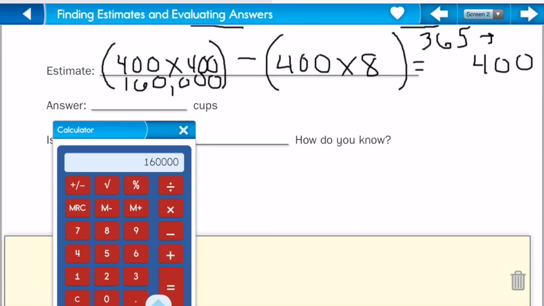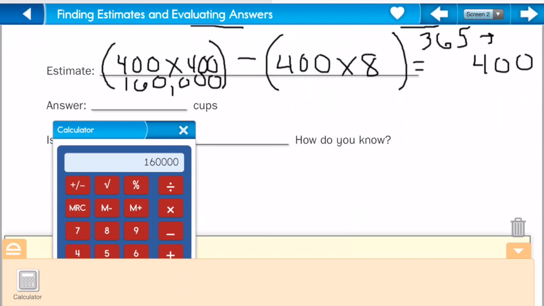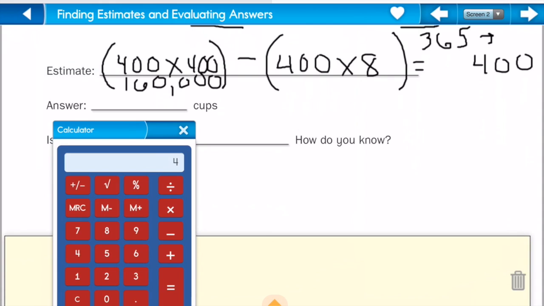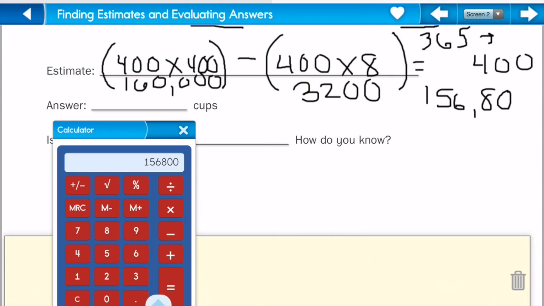And then we're going to take 400 times 8 equals 3,200. So then we're going to take 160,000 minus 3,200, and we get 156,800.